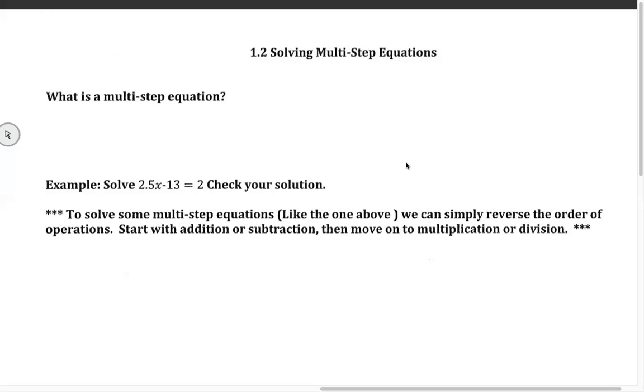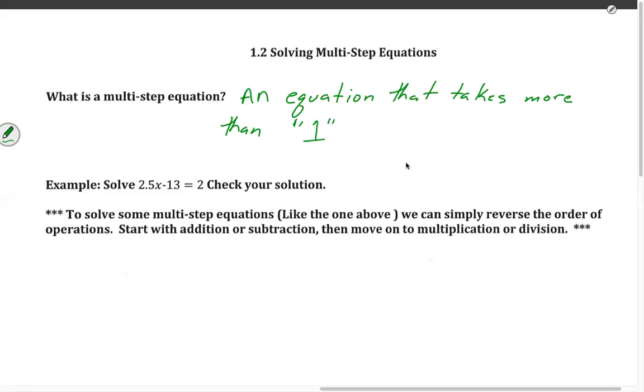So what is a multi-step equation? An equation that takes more than one step to solve.